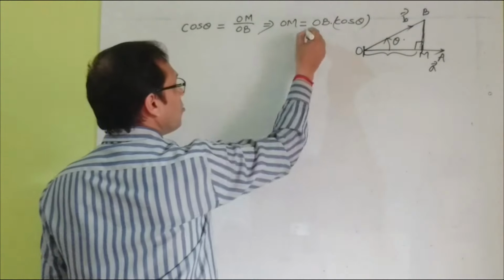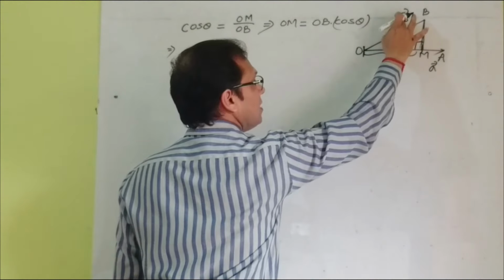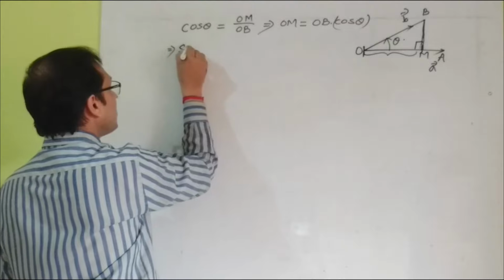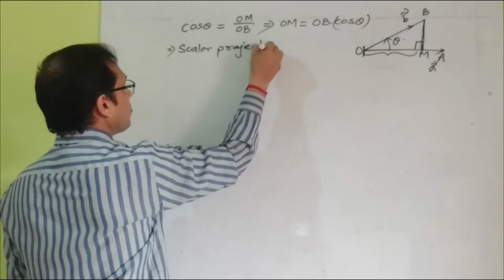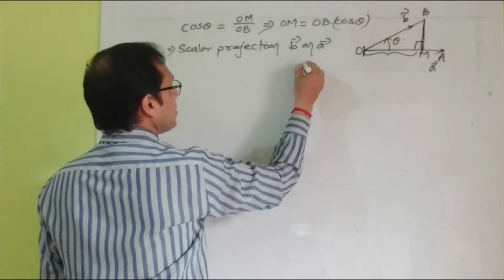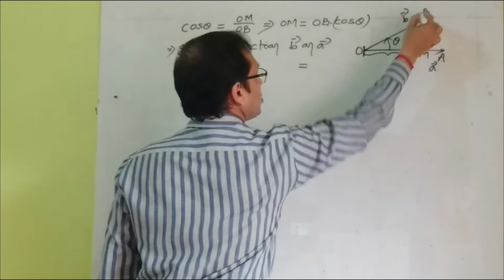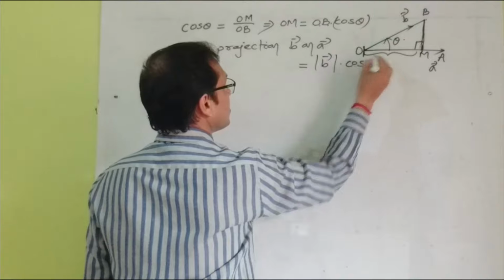OM means the scalar projection of B on A. So the scalar projection of B vector on A vector is equal to OB, that is the magnitude of B vector, times cos theta.